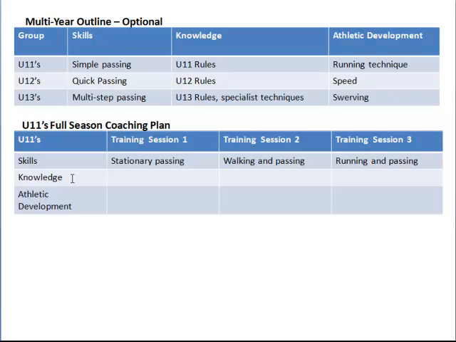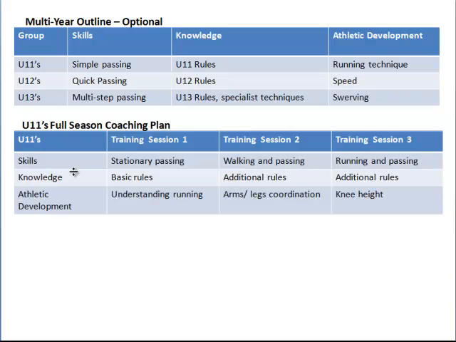So for example, with skills, we'll start with stationary passing, move to walking and passing, and then running and passing. Knowledge, start with basic rules, and then add rules each training session. With athletic development, teach the basics of running, then do arm and leg coordination, and then knee height. So you can see how you can progressively build the skills during the course of the season.